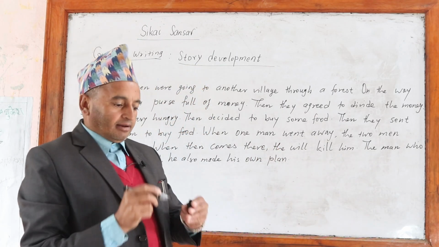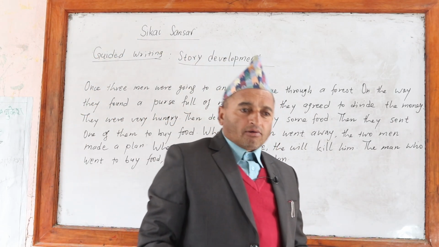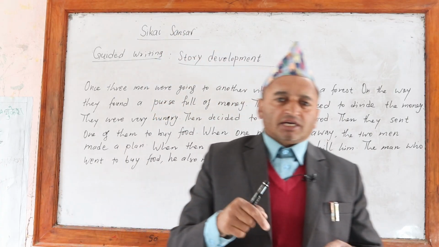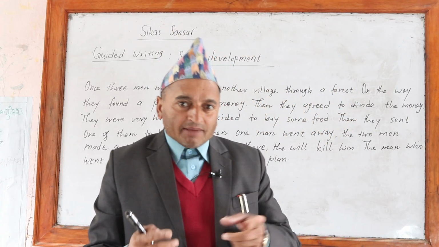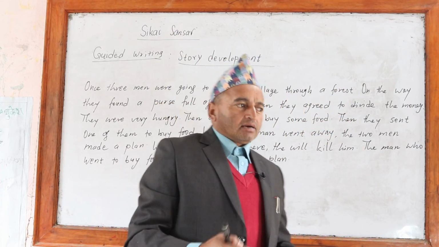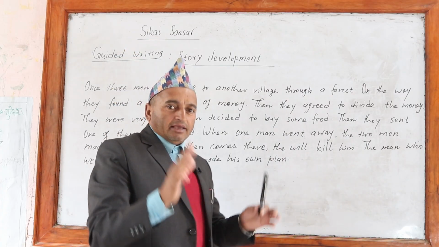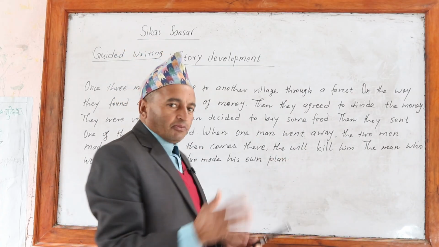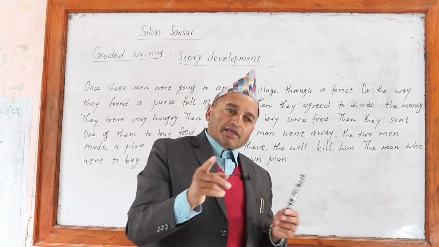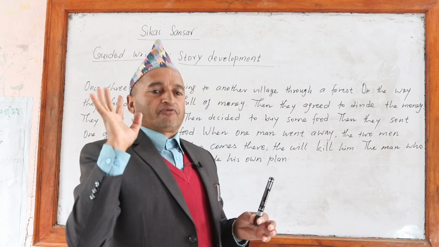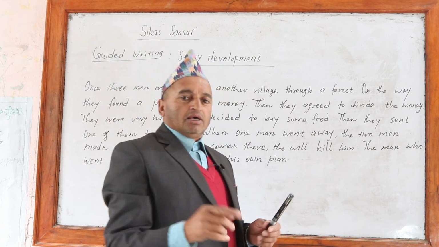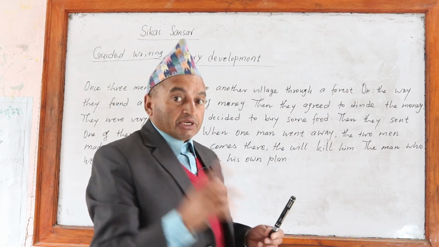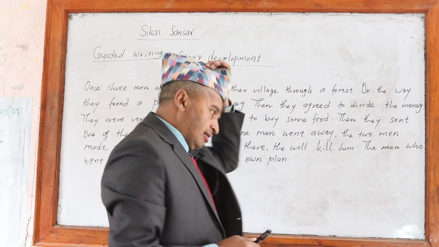He was alone, and on the way he thought, oh, how can I get this sum of money for myself? He thought a long time, and then he found the solution. What did he find? He decided to poison the food, to mix some poison in the food and kill the two people there.